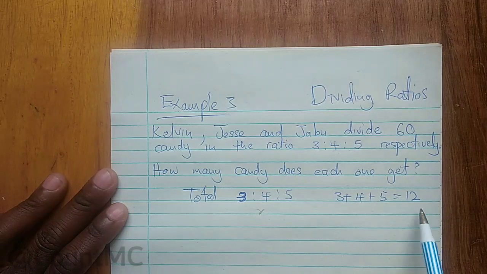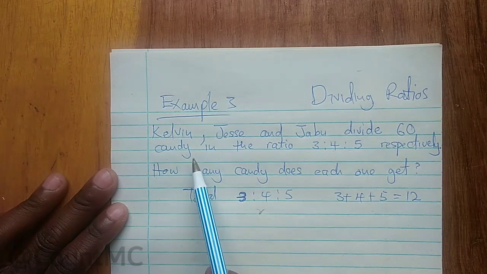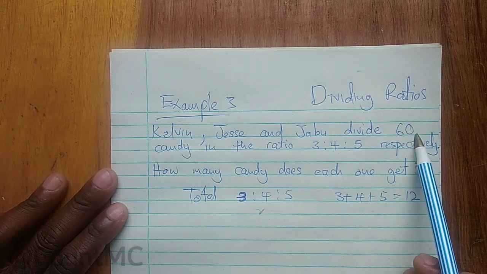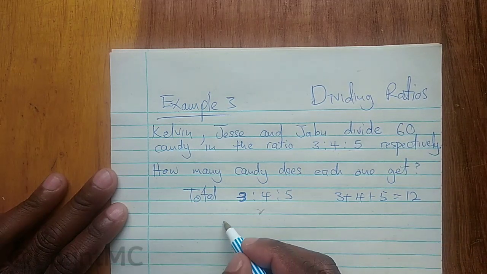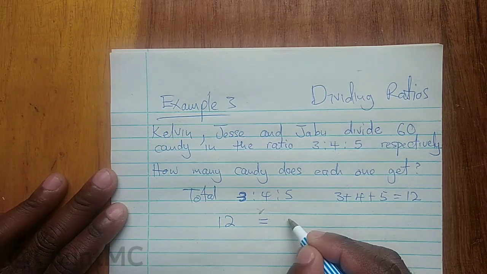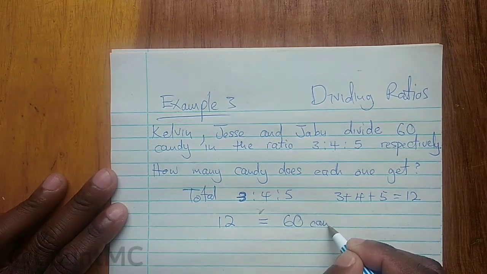So this is the total, or the 100%, or the 1, or the 12/12. So we are told that the total number of candy they are dividing is 60. So 12 is equals to 60 candy.